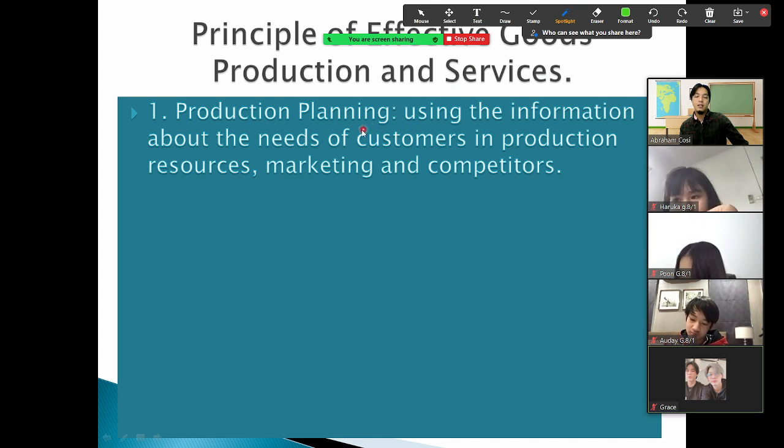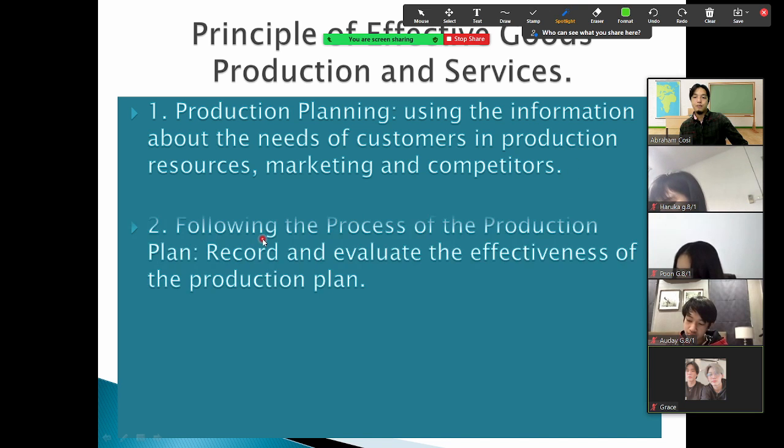We need to have the information of why, or for whom, we are producing. So we need to know the needs of customers and production resources. We need to plan how we are going to market our product, and also know about our competitors. Competitors are other producers who make the same products as you.